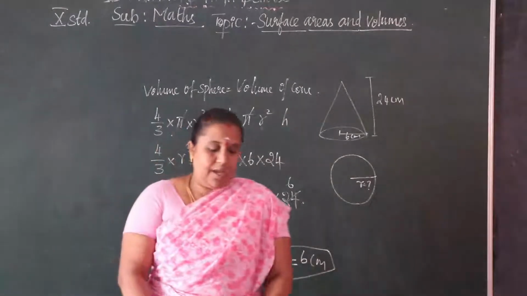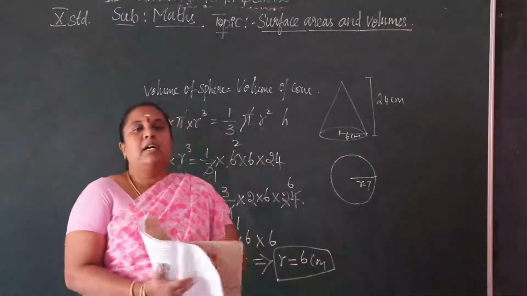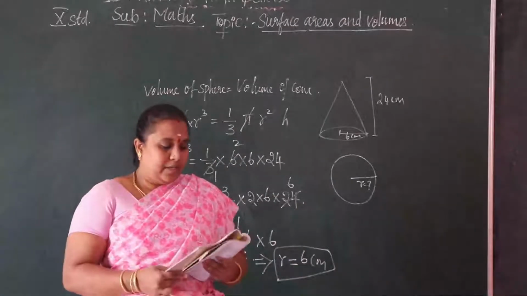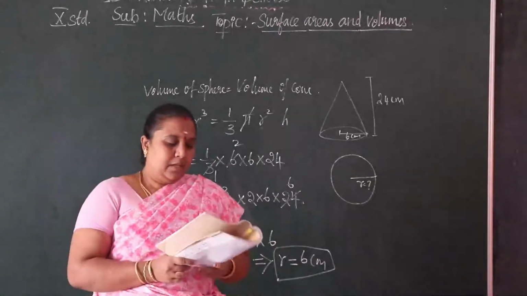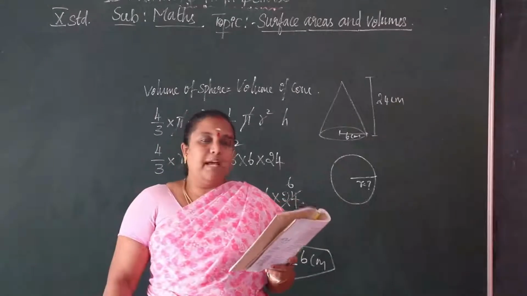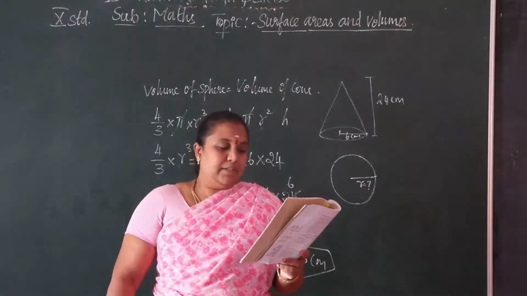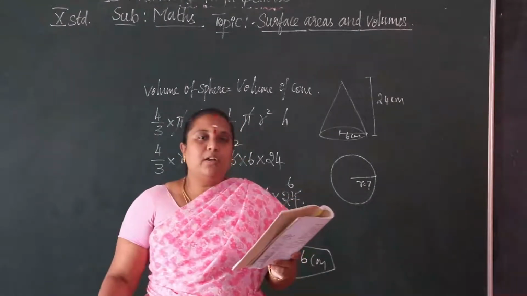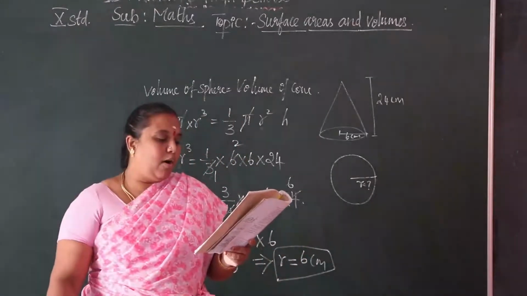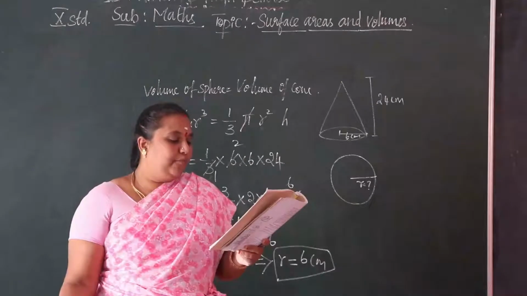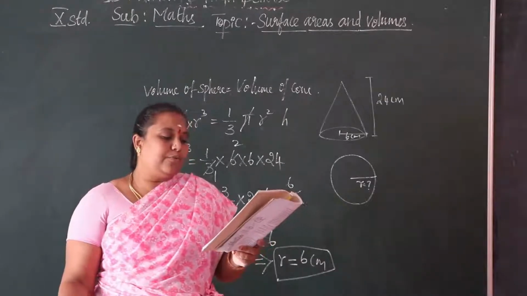So this is the method we have to follow. Okay, children, let us see one more problem. Example 10. A copper rod of diameter 1 centimeter and length 8 centimeter is drawn into a wire of length 18 meter of uniform thickness. Find the thickness of the wire.